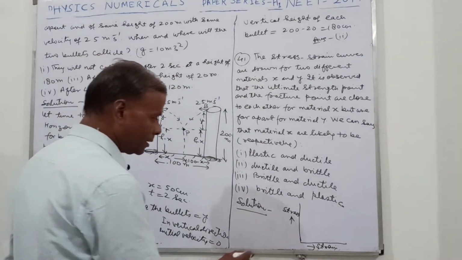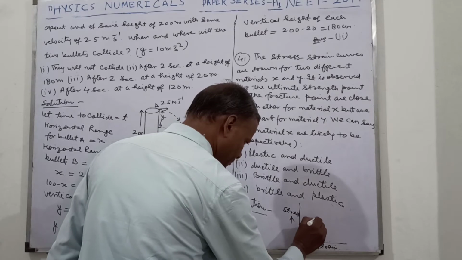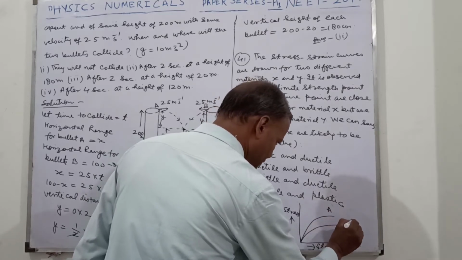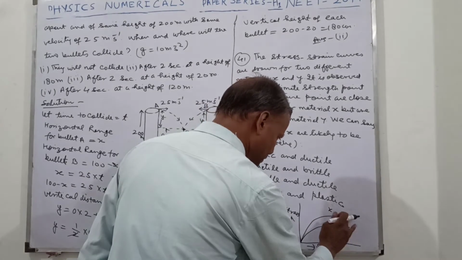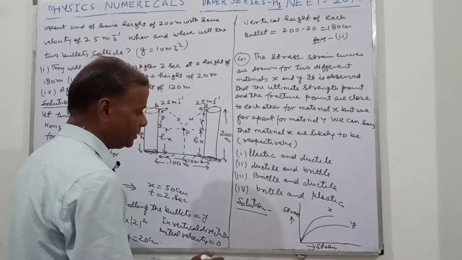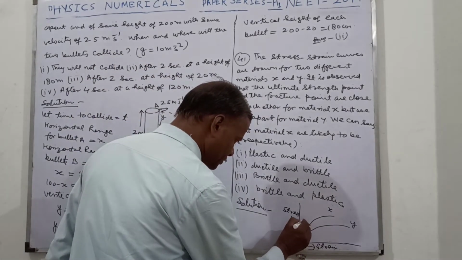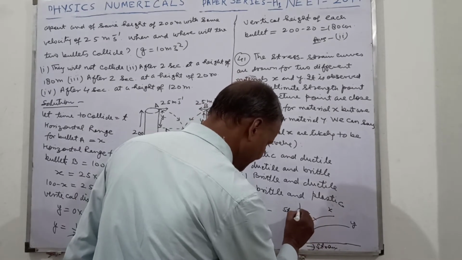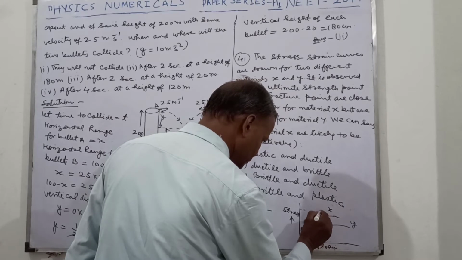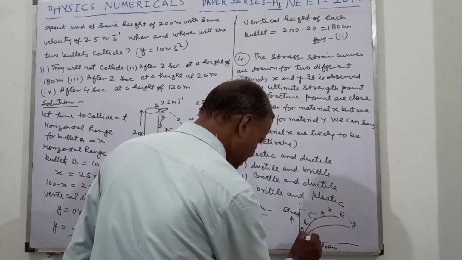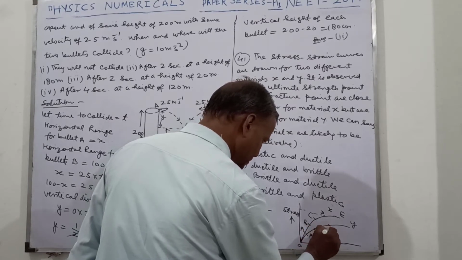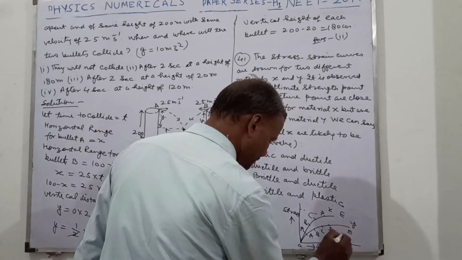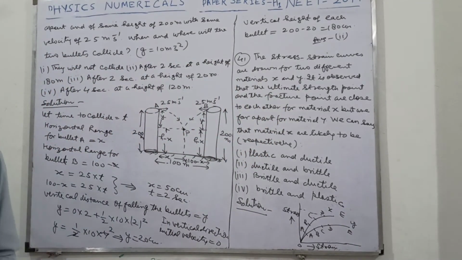This is the wire, this is X and this is Y. Now here is given, this is point 0, this is A, this is B, this is C and this is point D. Then this will continue, this is point E. Similarly for the other, here is A, here is B, here is C and then D, and then this goes up to this, suppose point E. So these are the two stress and strain curves.